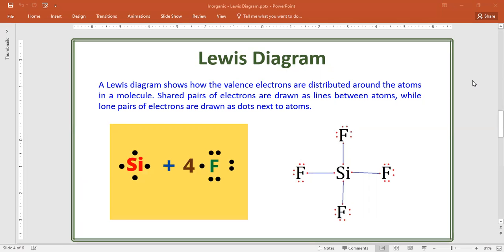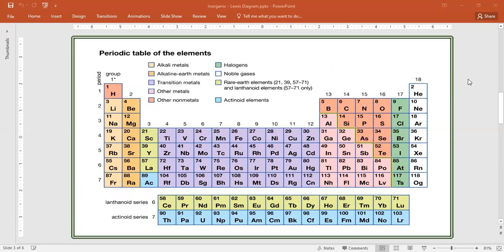Let us get out the periodic table of elements, and you can see here that silicon's outer shell is the third shell, and in the third shell it has 4 valence electrons. So silicon has 4 valence electrons.